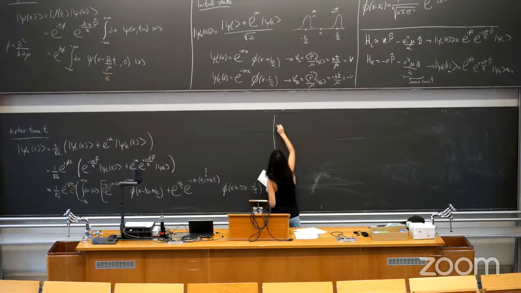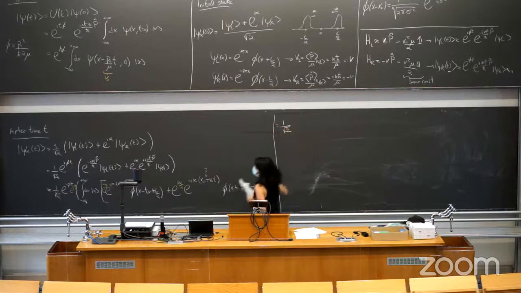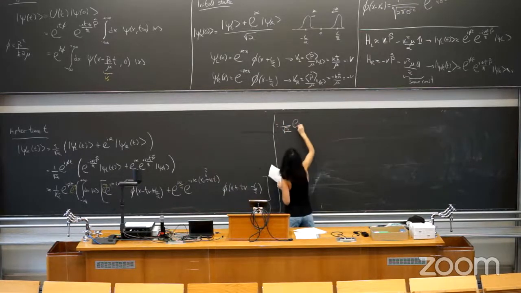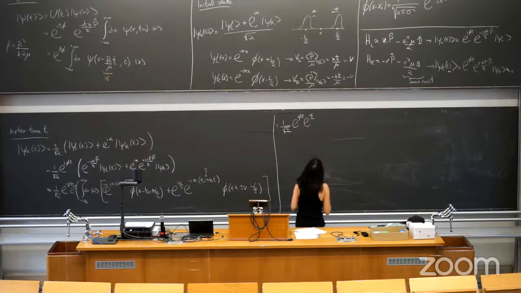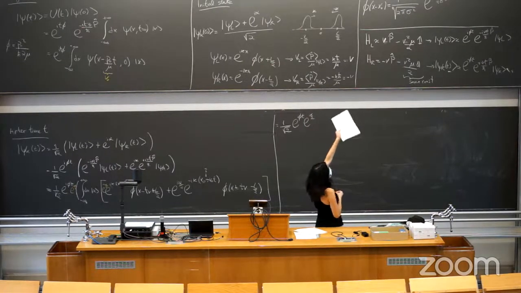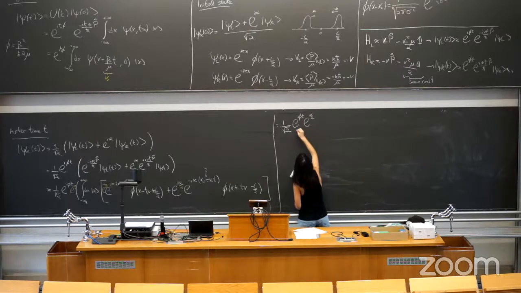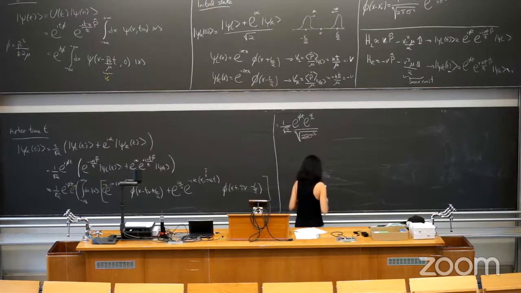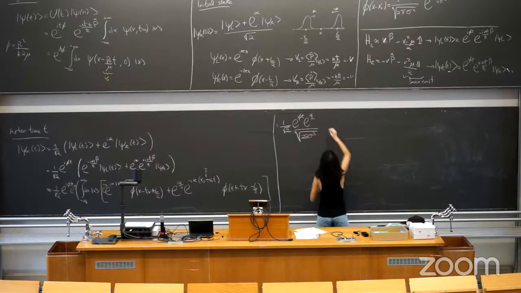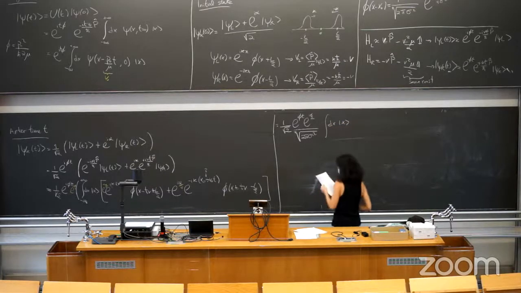So I have 1 over square root of 2 e to I t e to I alpha over 2. And then now this constant that's there at the beginning of the Gaussian is the same for both of them. So you have square root 4 of 2 pi sigma squared. The x, and now let's see what's here.